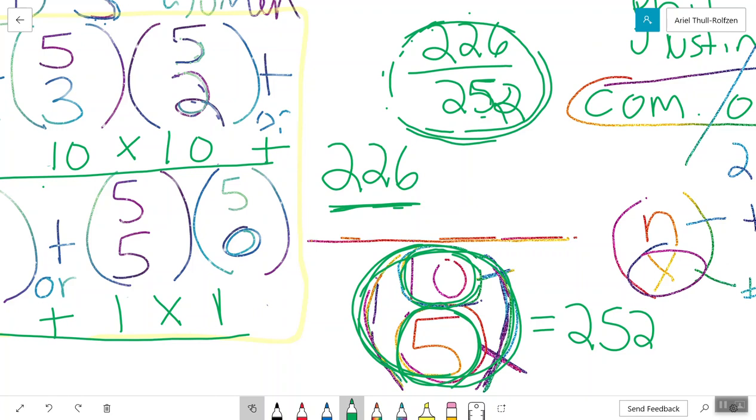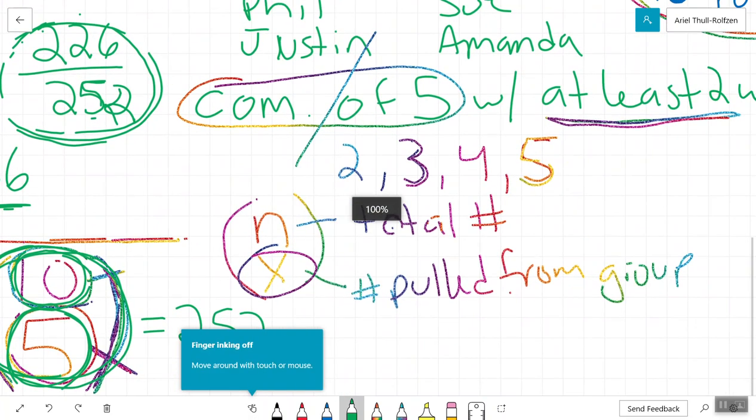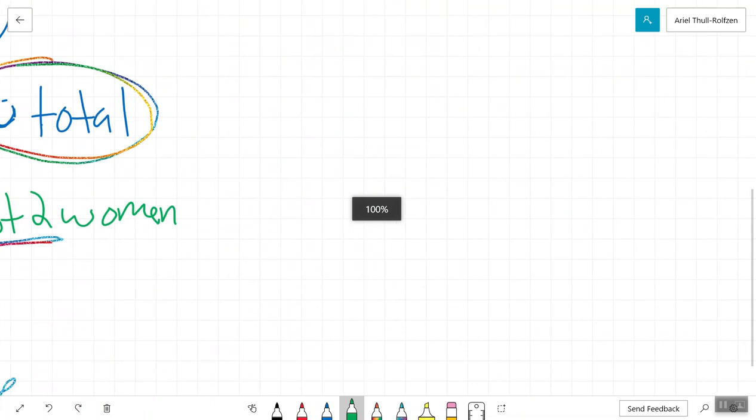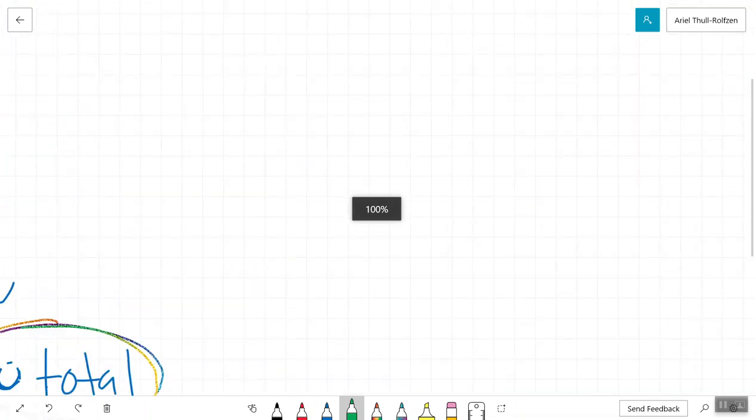Now for B, it wants to know if Linda must be chosen as a member of the committee, what is the probability that the committee contains at least 2 females? So we're going to come over here. We're still looking at least 2 females, but Linda has to be drawn.